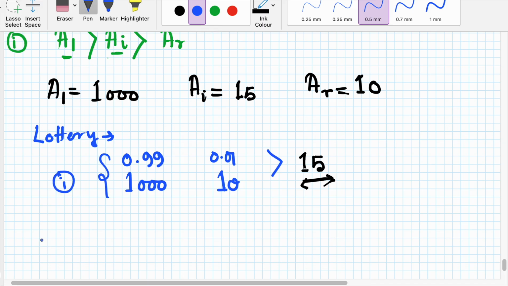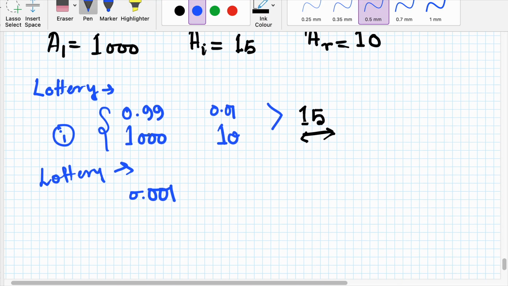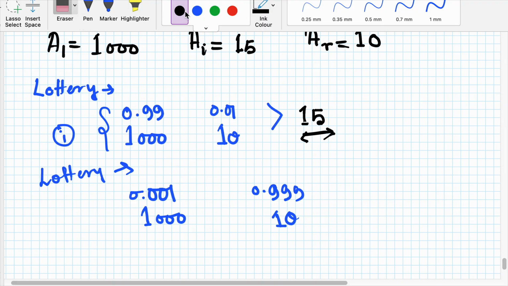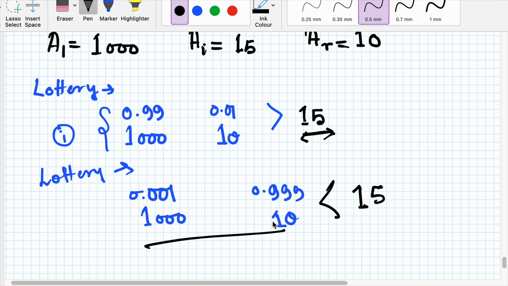Now suppose anyone presents some lottery like this, with 0.001 probability I will get 1000 rupees, and with 0.999 probability I will get 10 rupees. Obviously I will choose the certain 15 rupees over this lottery.